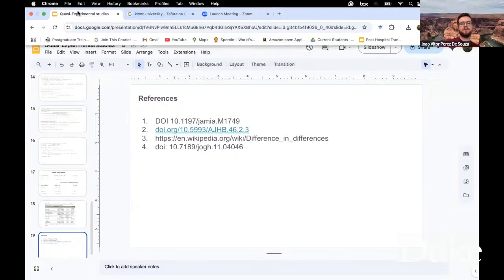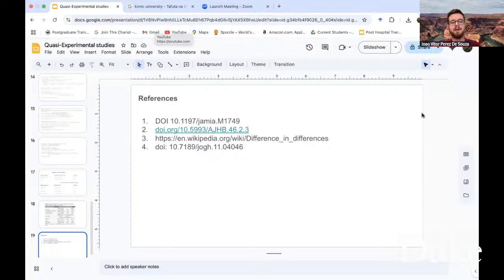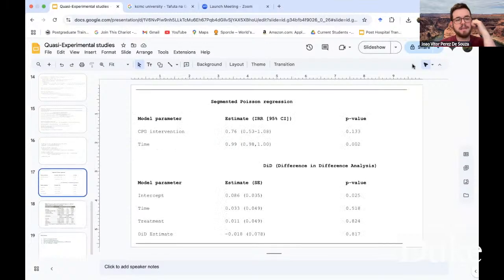Thank you, Timo, for the presentation. I wanted to start by asking you a question about the DID that you showed at the end, that table. Just so I understand, you create the DID by selecting the time points before and after the intervention and calculating the difference, and you add that as a covariate to your model.